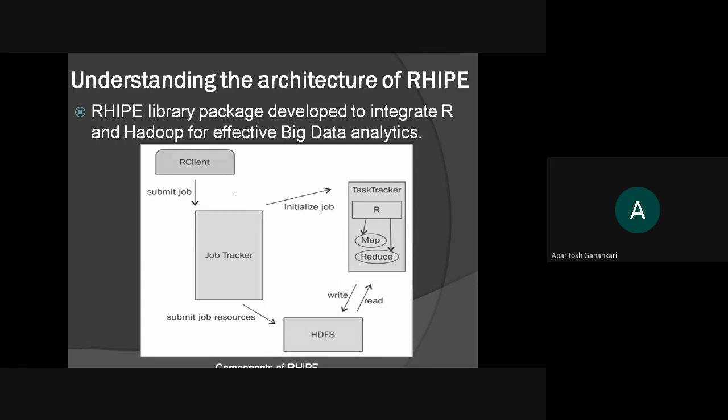The job tracker is a master node and the task tracker is a slave node, and ultimately the task tracker is going to do the mapping and reduction job. Then they are going to use the HDFS as their file system to read and write the data. Once this job tracker does its work, it will submit the job resource to HDFS.